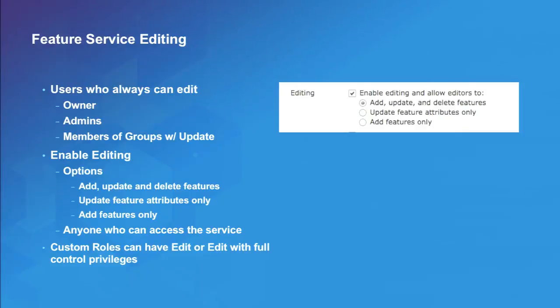And then you also have this edit with full control privilege, which allows users with that privilege to override these settings like add feature only or update feature attributes only, and actually be able to edit or to manage any feature within the feature service.